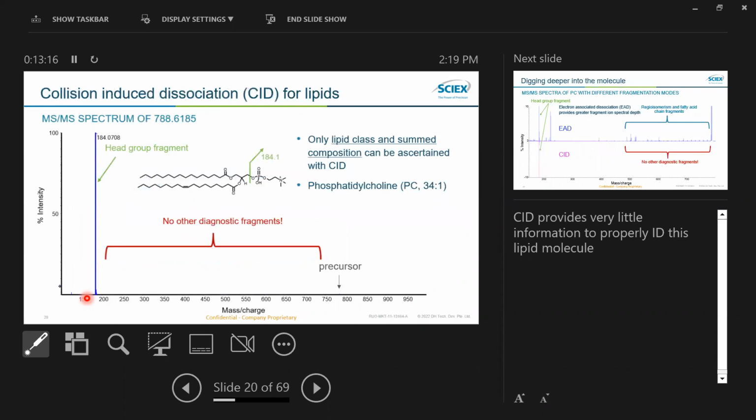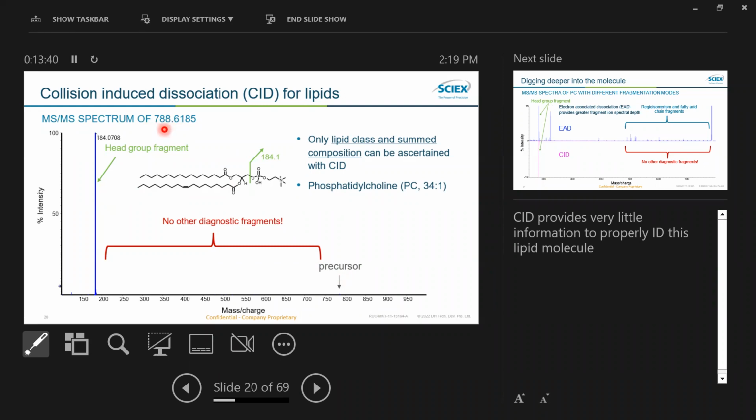So now on to mass spectrometry. Mass spectrometry of lipids is fairly difficult with conventional techniques. Here is an MS/MS spectrum of a component with a precursor mass of 788.61.